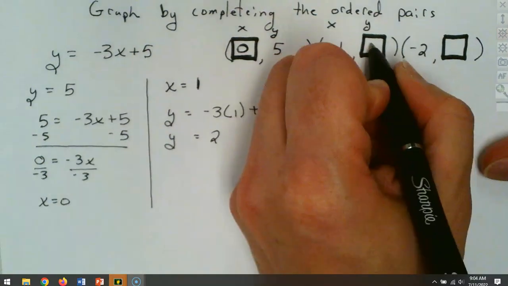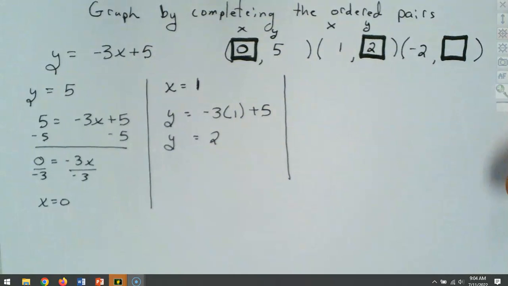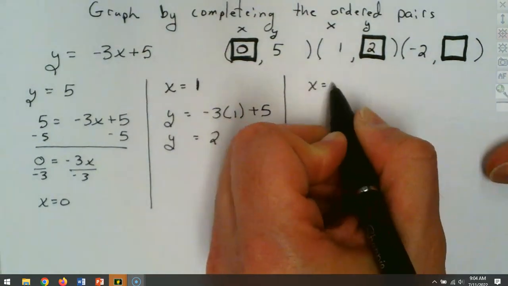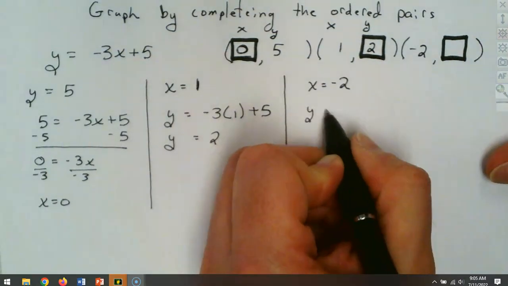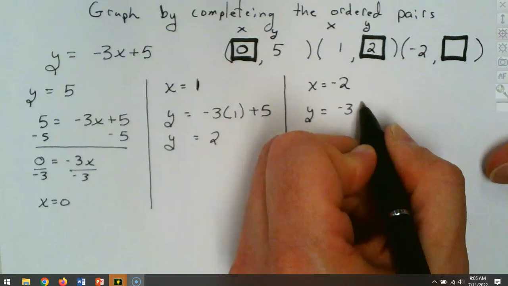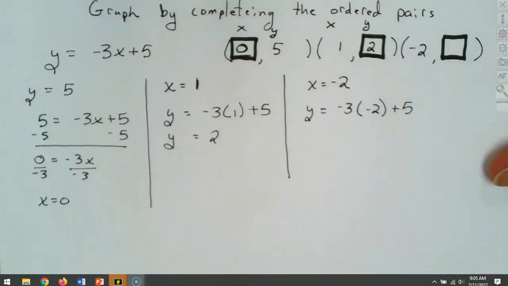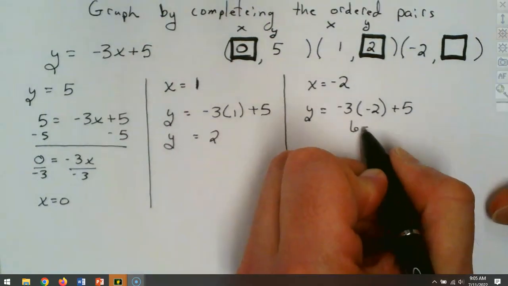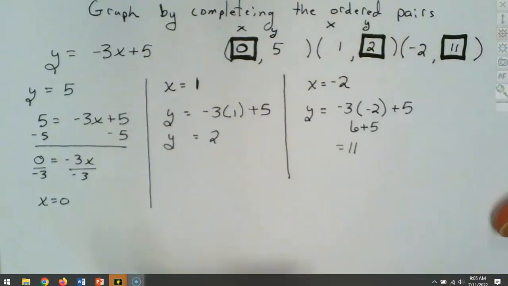So there is my second ordered pair at 1, 2. And then my last one, x equals -2. Now watch your signs here. Watch your signs, because a negative times a negative makes it a positive 6. And 6 plus 5 is then 11.